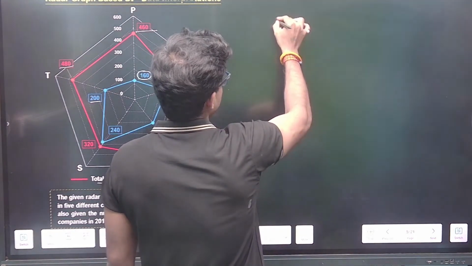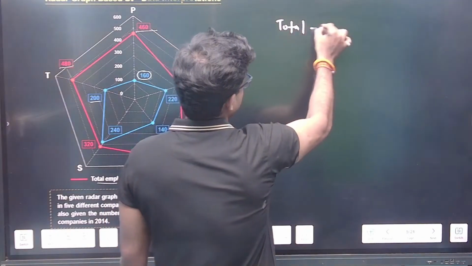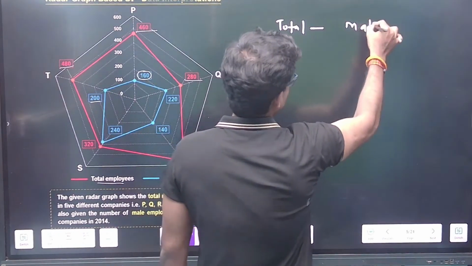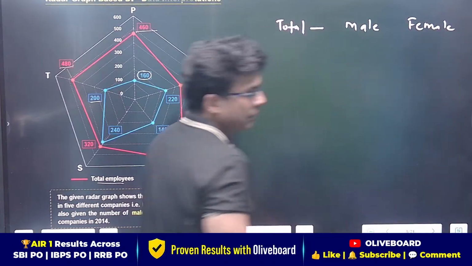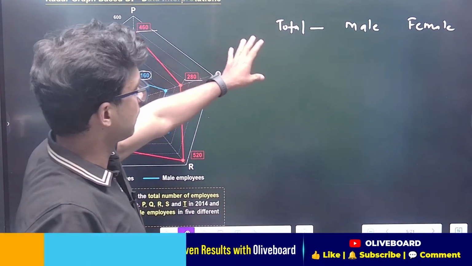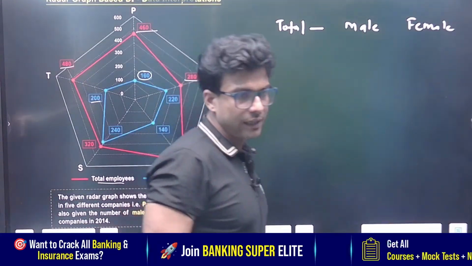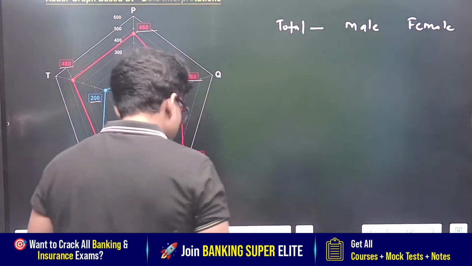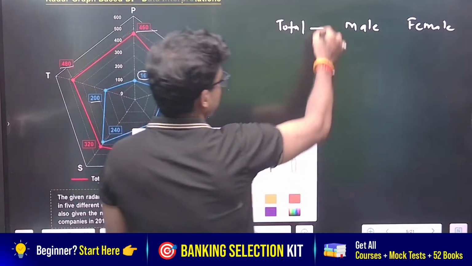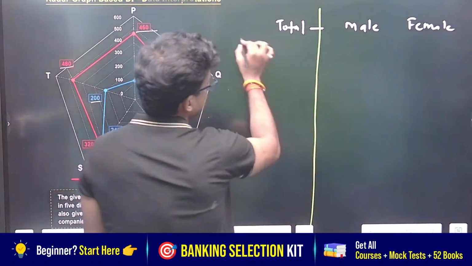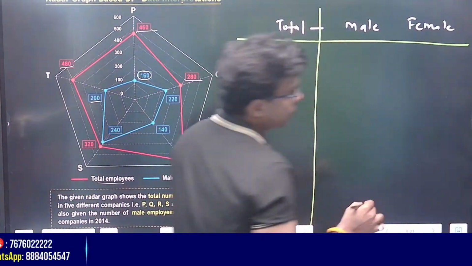If they have given the total and after that they have given the male, then automatically they will ask the female. Am I right? So why should we wait? We should first plot a table.